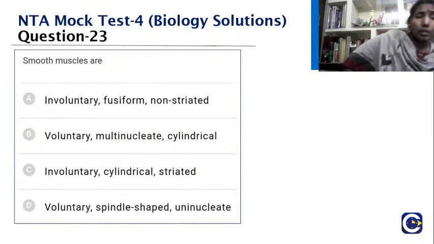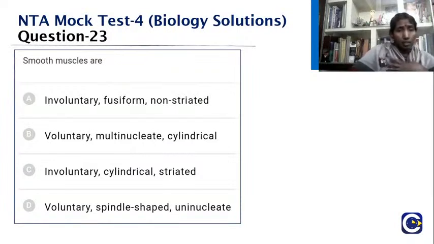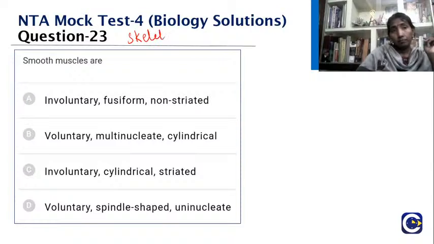Smooth muscles are involuntary, fusiform, non-striated. First you should know that there are three classes of muscles: skeletal muscle, smooth muscle and cardiac muscle.